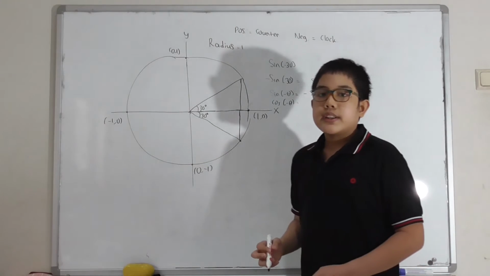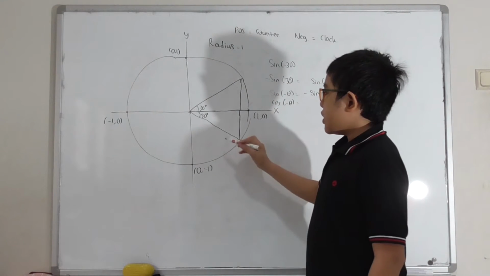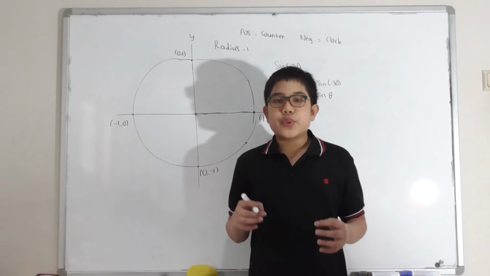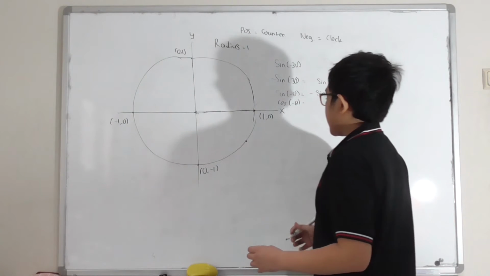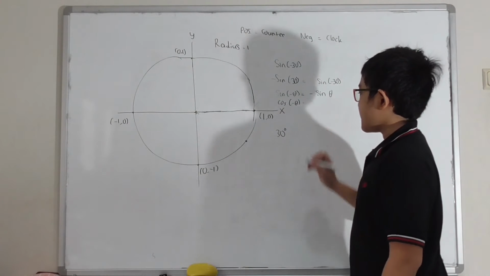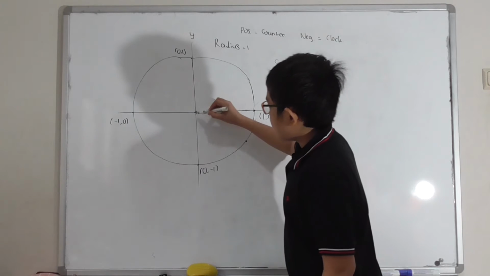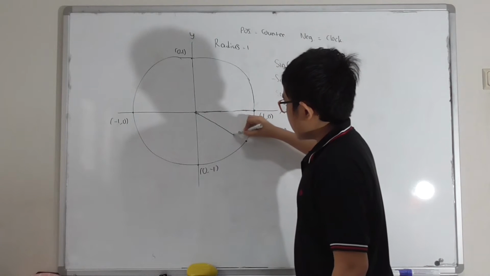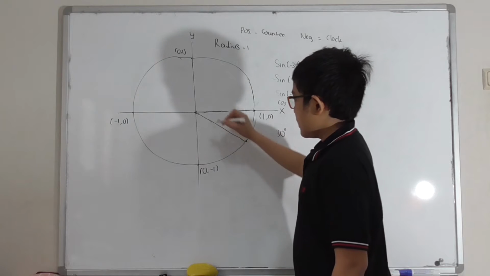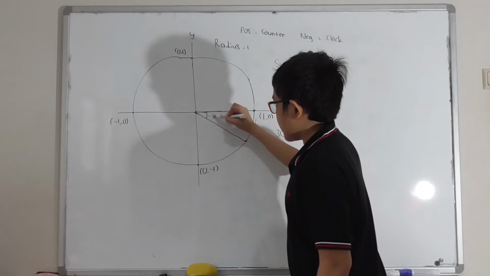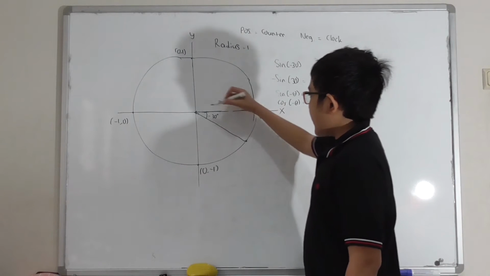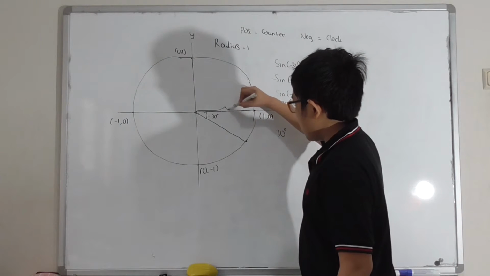Well, firstly, let's just erase the triangle of 30 degrees. And then, what if we used another 30 degrees for the angle for cosine of negative 30? We can still make our angle that intersects at this point with the circle. This will be negative 30 degrees. However, for cosine, we calculate the x value, which is about this one.